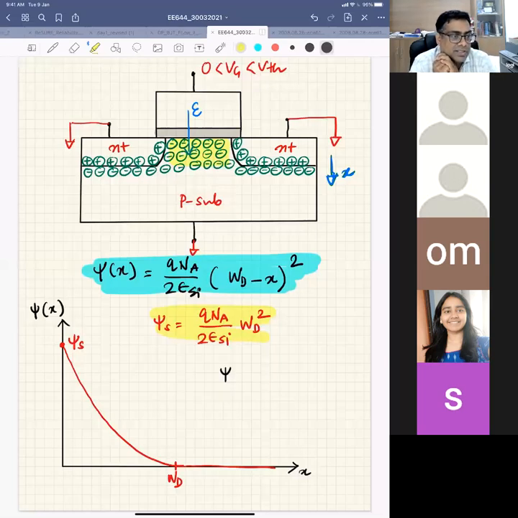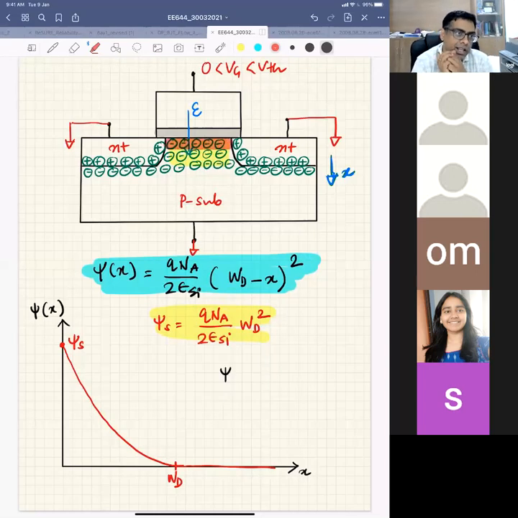Since the potential in the p substrate is increasing, both the source to body junction and drain to body junction will be forward biased, and electrons will be injected from the source to the body. And since we have an electric field from gate to substrate, the electrons will be pulled up and accumulated at the surface, right?